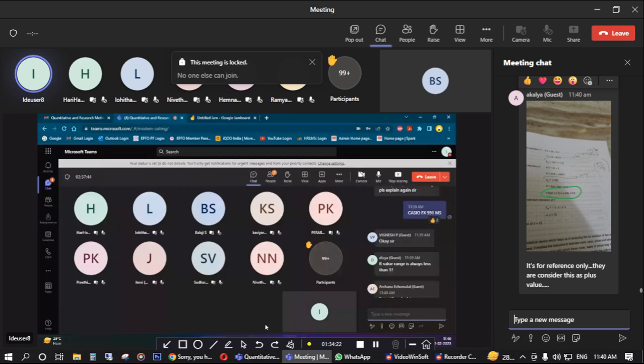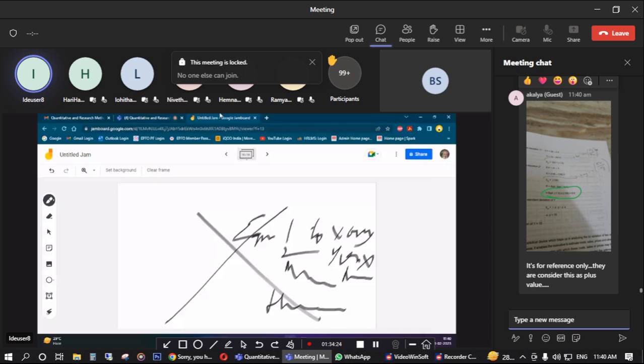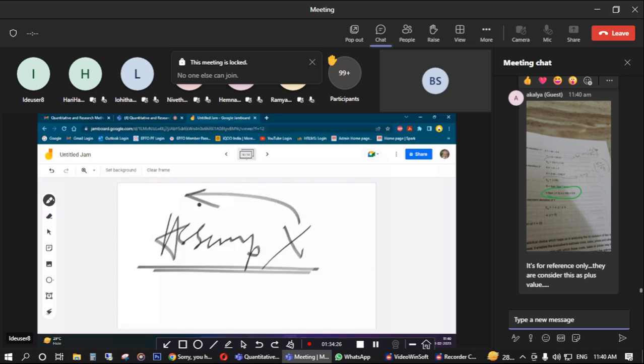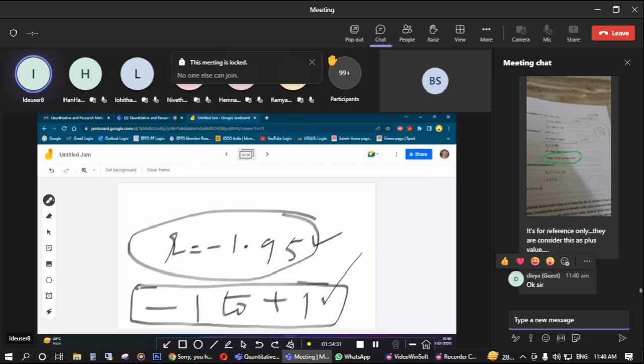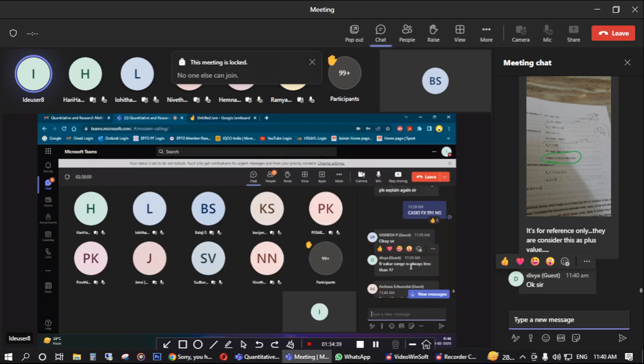Even now I explained. No concentration here. The range of R is always between -1 and +1. So it is not always less than 1. The range is -1 to +1.